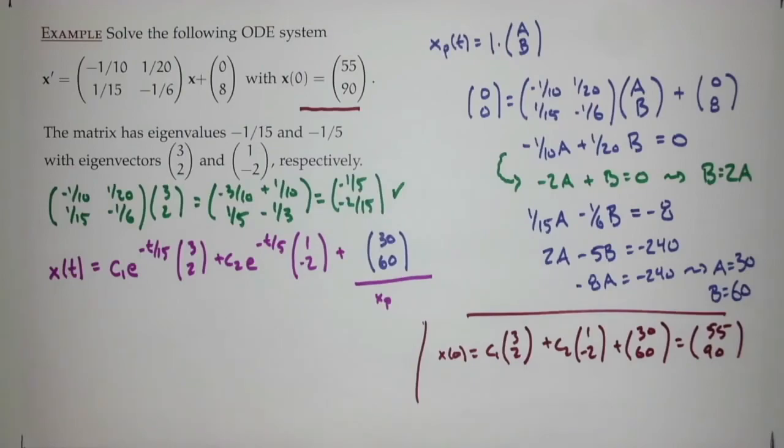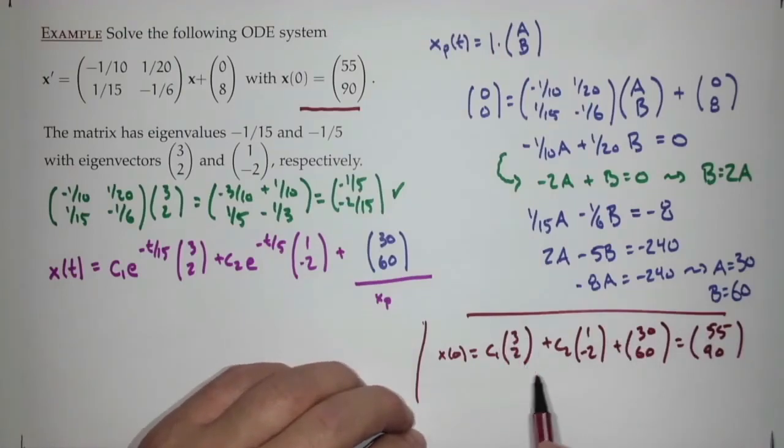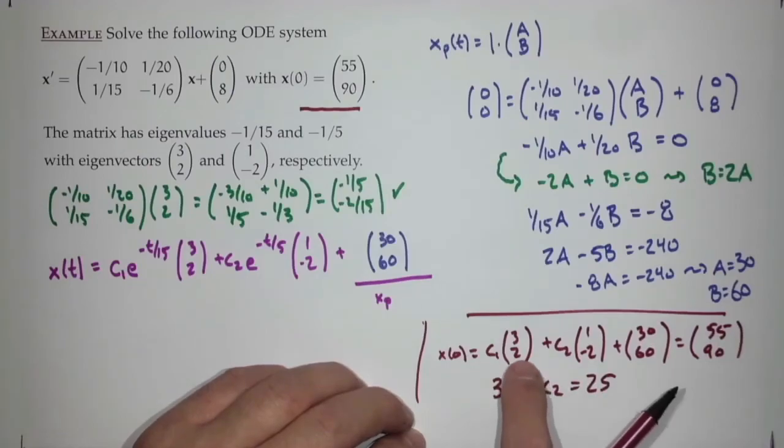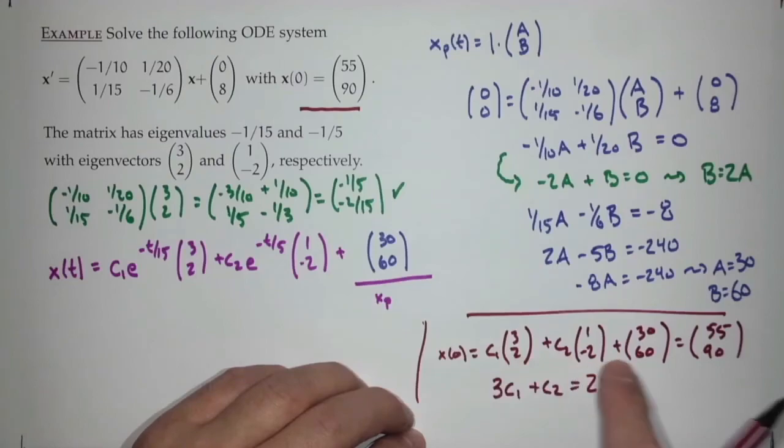All right. Well, the first equation really says 3c1 plus c2 plus 30 equals 55, so that equals 25.